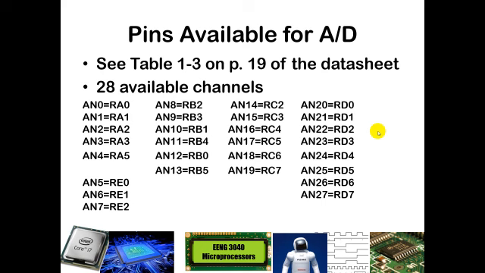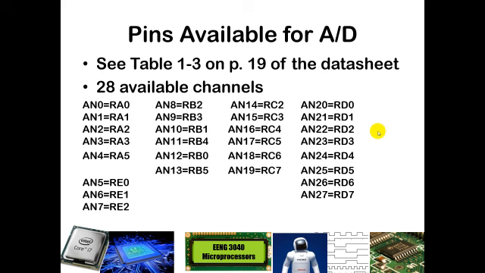And here you see a mapping of which bits in port A on the far left, port B, port C, port D, and finally port E map to the various analog pins. Analog pins are numbered AN0 through AN27.